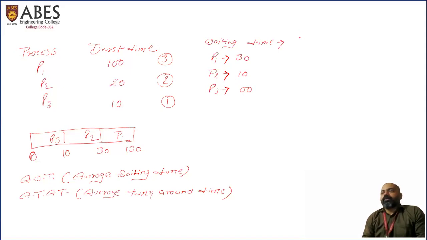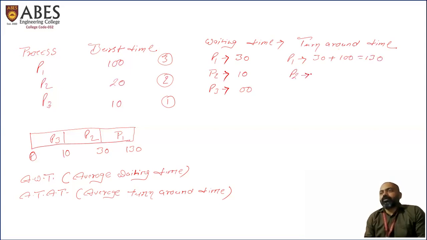Now we want to calculate turnaround time for all the processes. So for P1, waiting time 30 plus burst time of P1 is 100. So this will be 130.